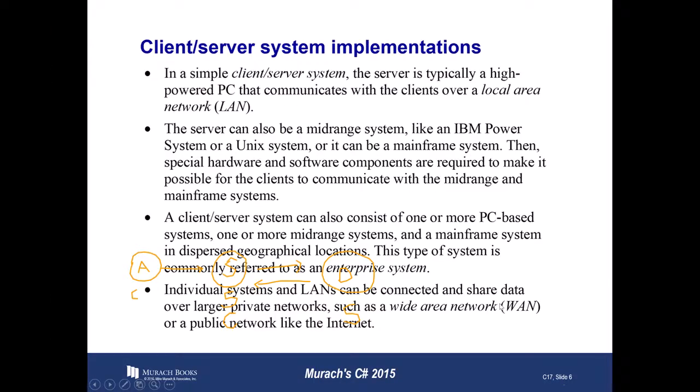Okay. So in a simple client-server system, the server is typically a high-powered PC, so it usually has a pretty strong processor and a lot of RAM. That way it can have multiple requests at one time, and it can serve up all of those requests at one time.